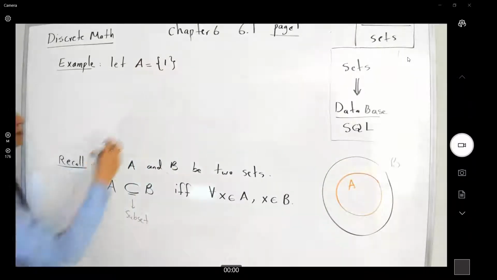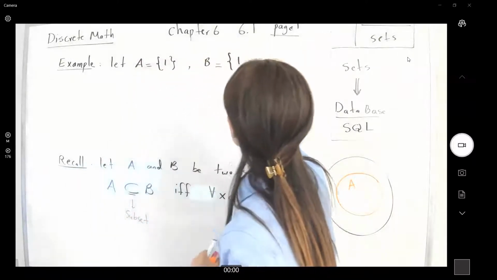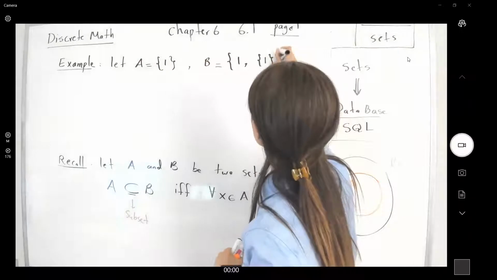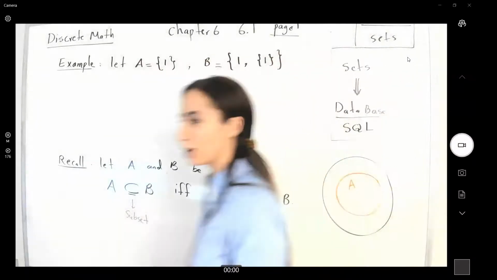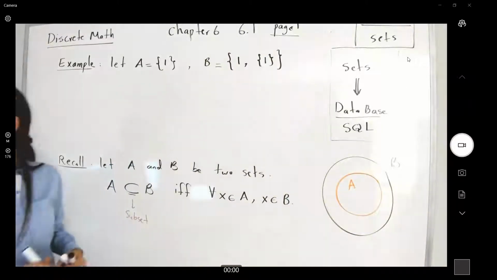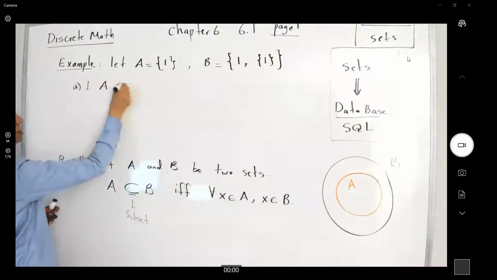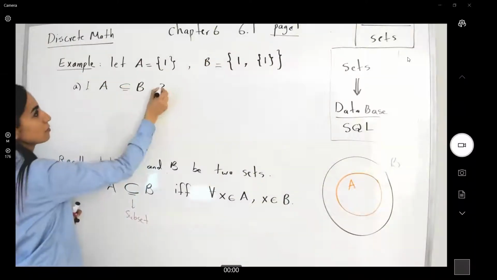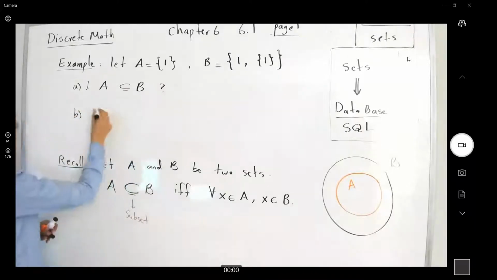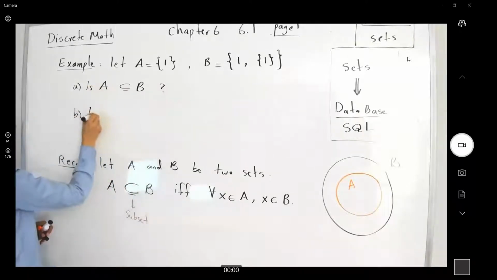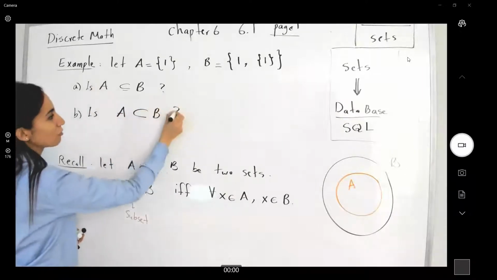Set B is the set including 1 and a set including 1. The question says, is A a subset of B? Remember the definition of proper subset? Can we say that A is a proper subset of B?